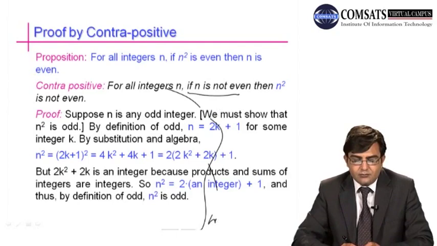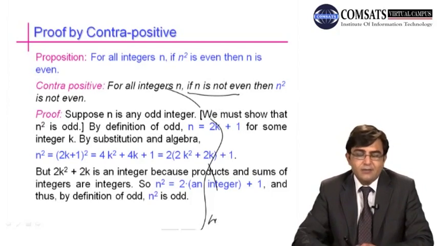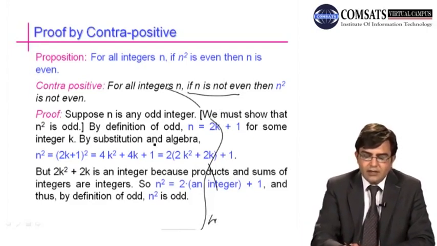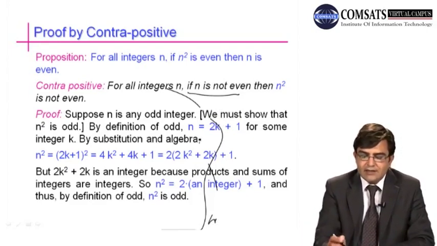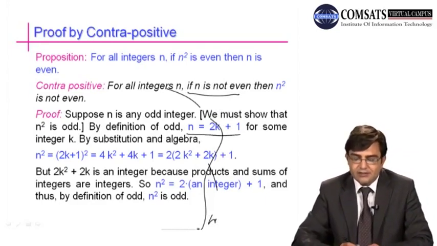So we have to prove that n square is not even, that is, that n square is also odd. If n square is not even, then obviously n square will be odd. So first of all, we suppose that n is odd. Then n can be written as 2k plus 1, as the usual odd numbers can be written, for some integer k.